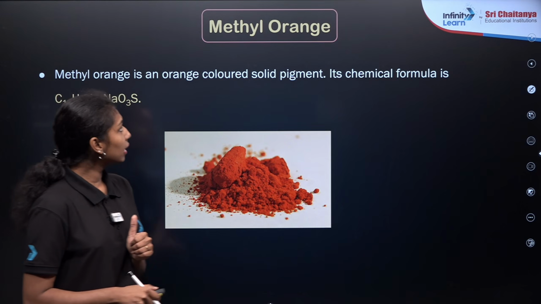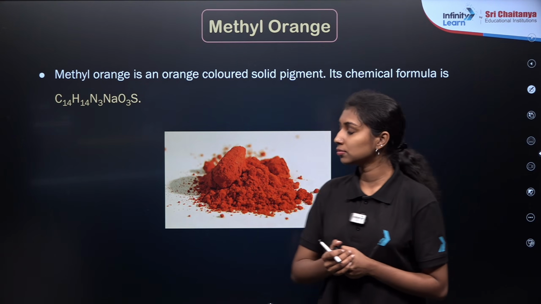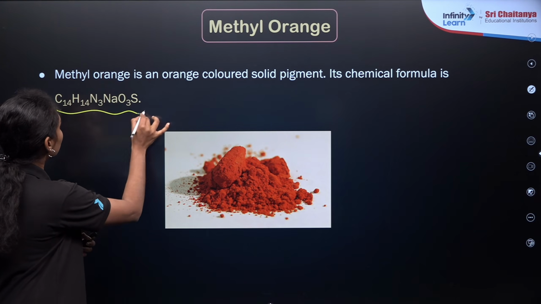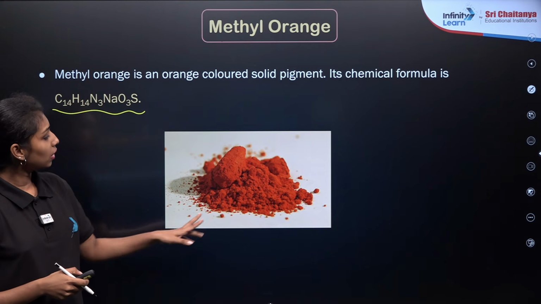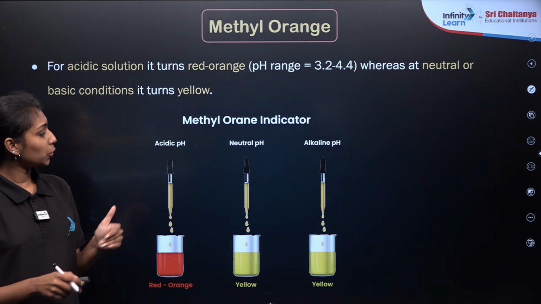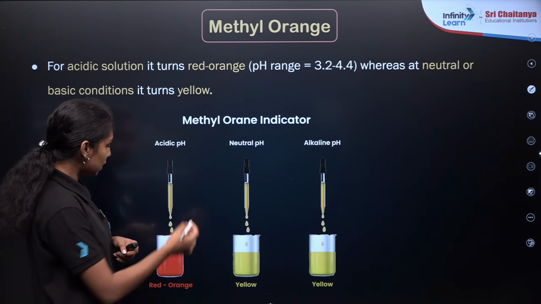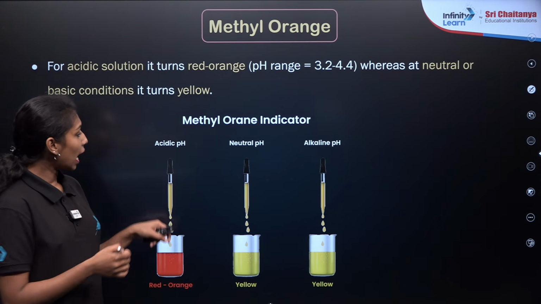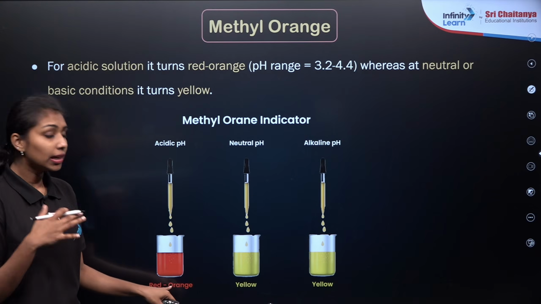Now let us see another indicator, that is methyl orange. So this is the general formula for methyl orange. This is the color for this substance, either orange or red. So what is happening to the methyl orange if you are adding it to an acidic solution, right? This is our acidic solution. If you are adding the methyl orange indicator to the acidic solution, the color will turn to red or orange.